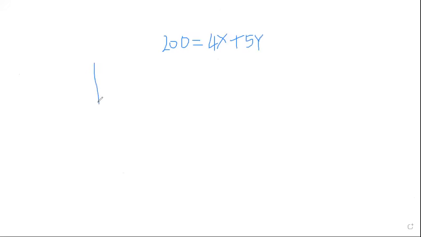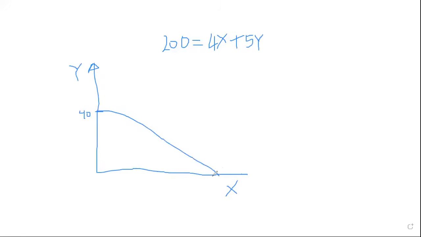So when we draw our initial budget line, y is on the vertical axis, x is on the horizontal axis. So we had 40 for y, and then we had 50 for x. So now income goes up by 100%.